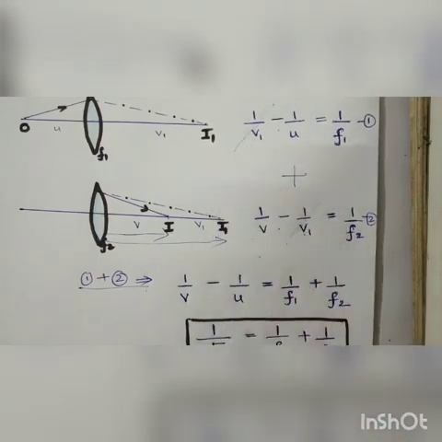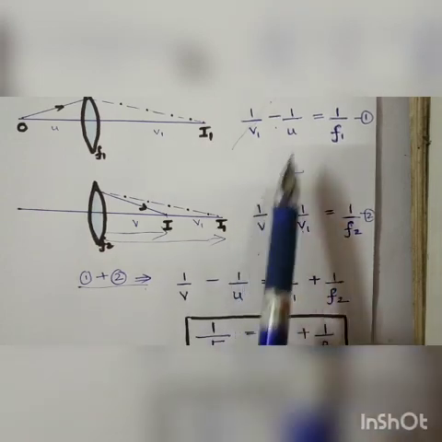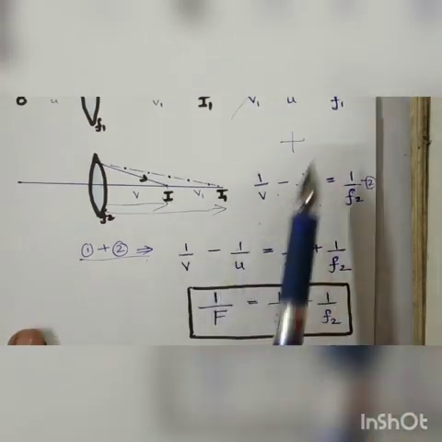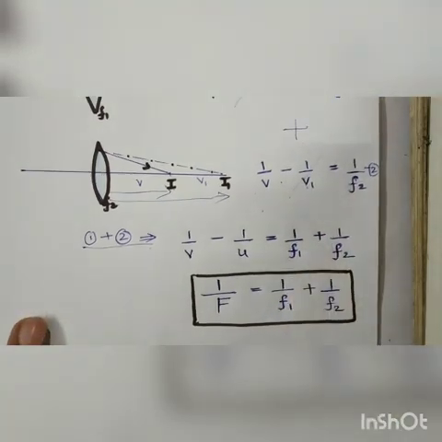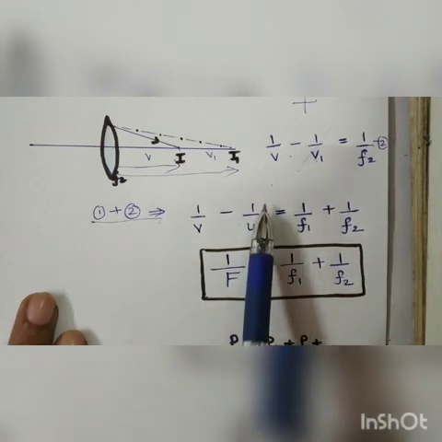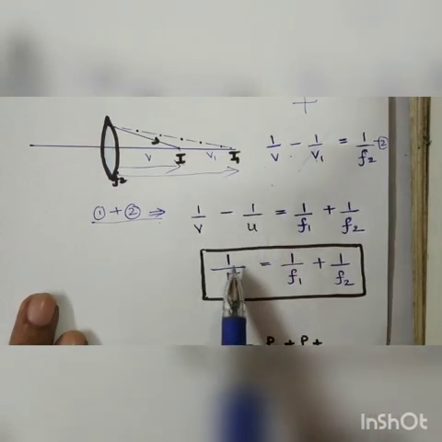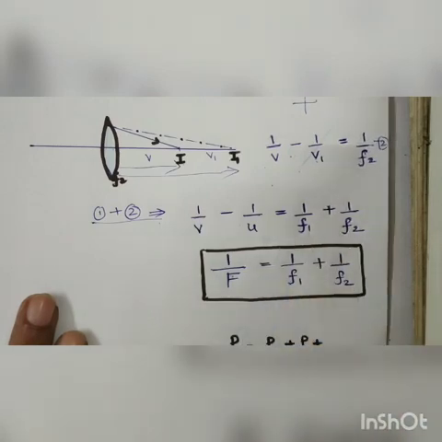What is remaining on the left side? 1 by v and minus 1 by u is equal to, right side add the two, 1 by f1 plus 1 by f2. And 1 by v minus 1 by u is the combination's focal length. 1 by capital F is equal to 1 by f1 plus 1 by f2.